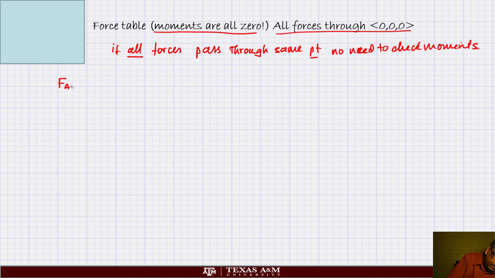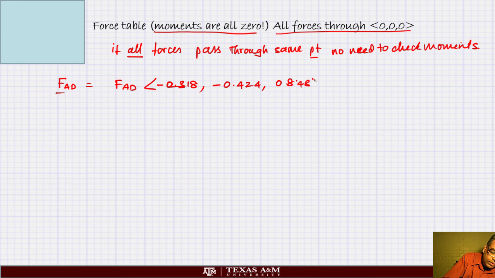I'm just going to list the forces again. FAB was unknown force times minus 0.318, minus 0.424 and 0.848. The next one, FAC equals FAC, again I don't know. So remember, this is FAB vector, this is magnitude, and this is direction.